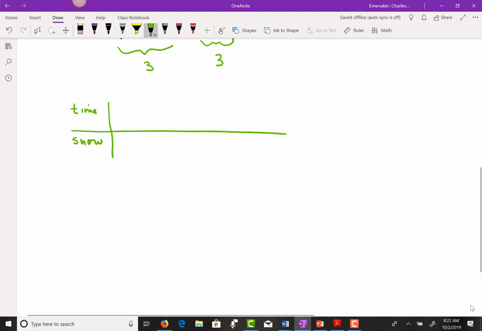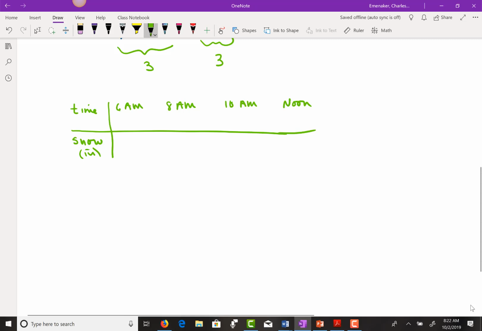Okay, I don't know when the snow started falling. Okay, but let's say that this is 6 a.m., 8 a.m., 10 a.m., and noon. And the snow is in terms of inches.